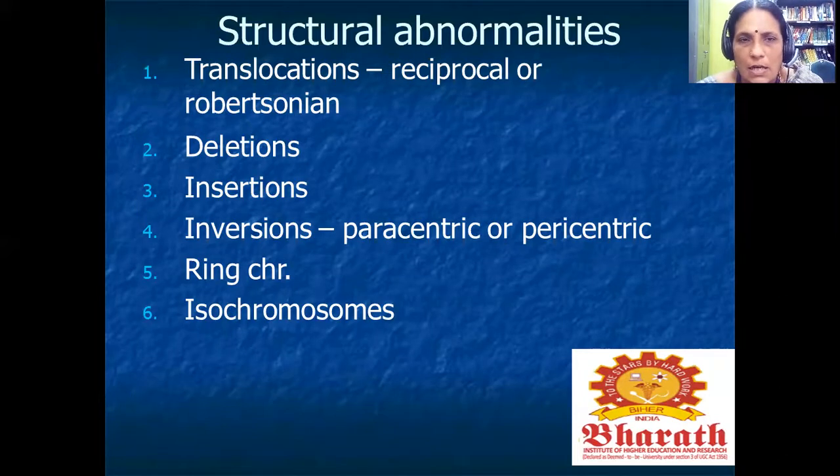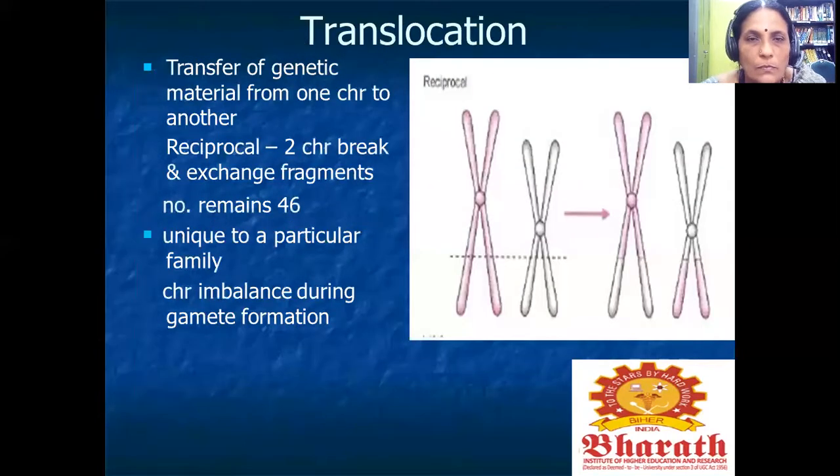Next, structural abnormalities occur by translocation, either reciprocal or Robertsonian. Number two is deletion, third is insertion, fourth is inversion, either paracentric or pericentric, fifth is ring chromosome, and sixth is isochromosome. Let's see translocation: the transfer of genetic material from one chromosome to another.